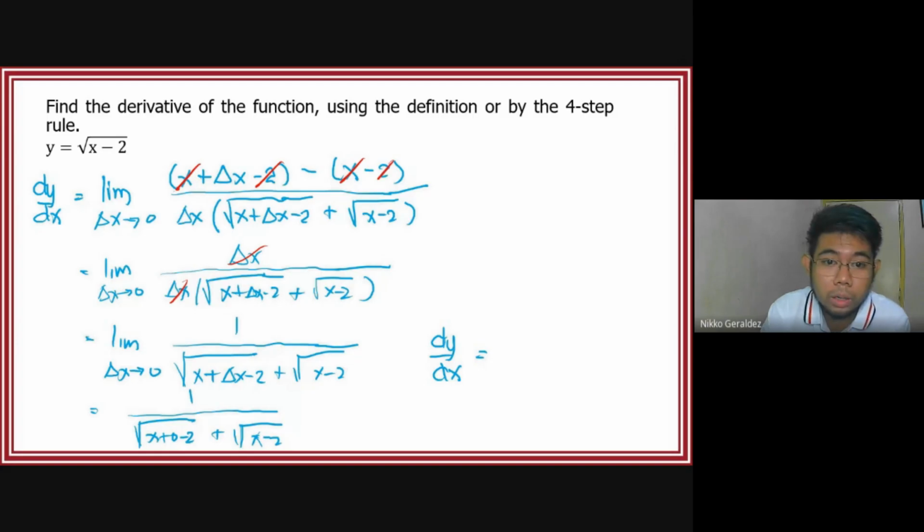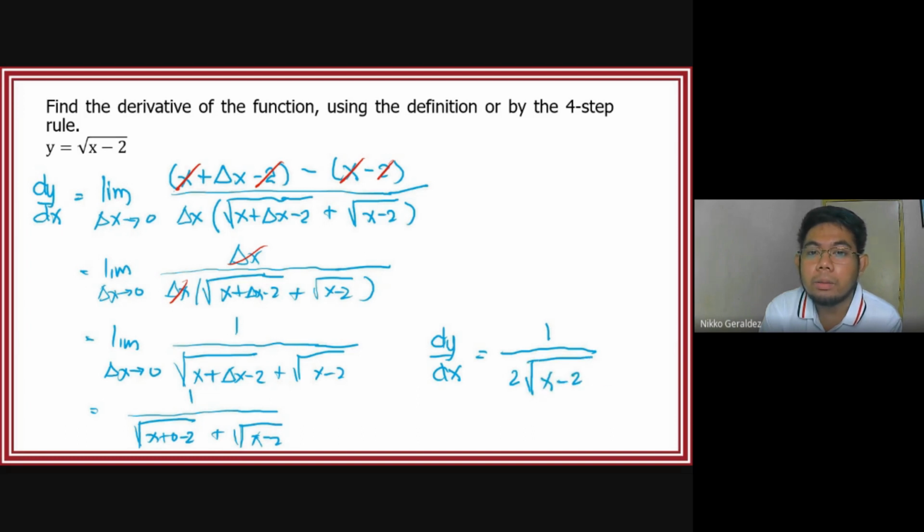So, we have 1 over square root of x plus 0 minus 2 plus square root of x minus 2. What is the derivative of y with respect to x? 1 over, ano po? 2 times square root of x minus 2.